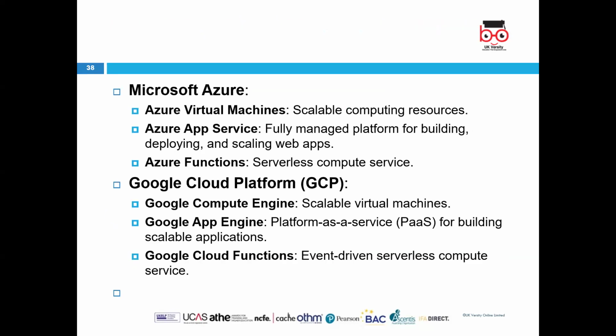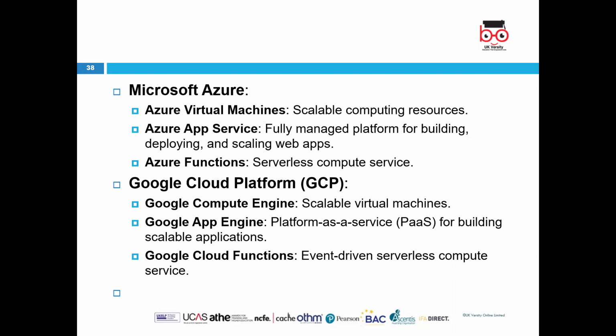Then we have Microsoft Azure, which is a cloud computing technology built by Microsoft, which has its own different types of hosting platforms. So you have Azure Virtual Machine, Azure App Service, and Azure Functions.